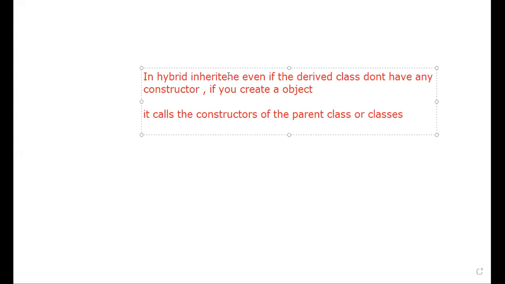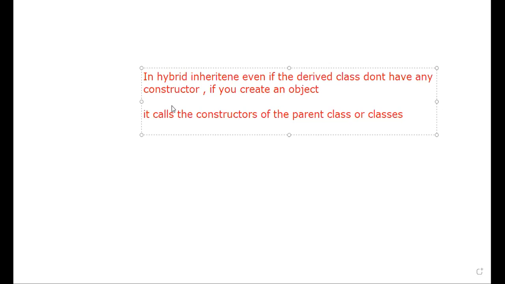So in hybrid inheritance, even if the derived class that we're creating an object of doesn't have any constructor, if you create an object, it calls the constructor of the parent class or classes. In our case, there are two classes.